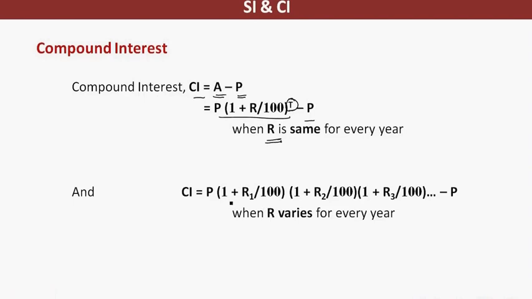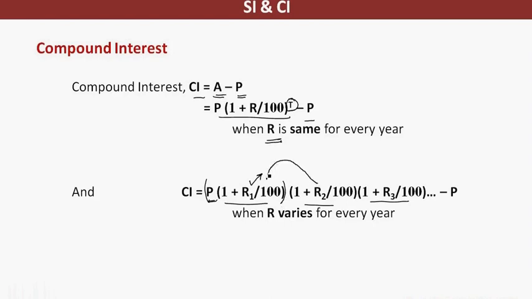In case the rate varies, I will not do this raised to power T. I will multiply the multiplying factors for different years. If you remember, we have done the concept of multiplying factors when we were doing our topic of percentage. What is 1 plus R by 100? This is the multiplying factor for year 1. Multiplied with the initial value, it gives me the final value for year 1.